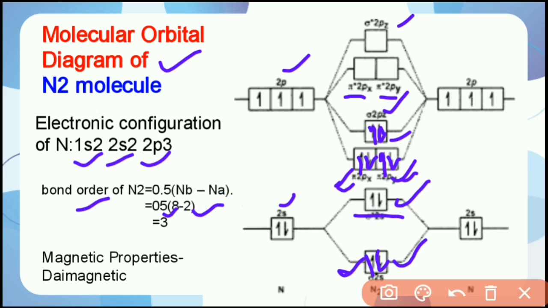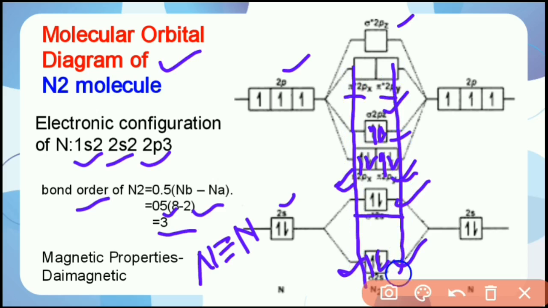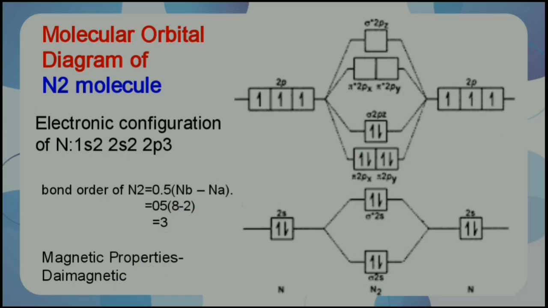When we calculate, we get a bond order of 3. It means there is a triple bond between the 2 nitrogen atoms. And when we see the electrons in the molecular orbitals, all electrons are paired, so its magnetic property is diamagnetic.